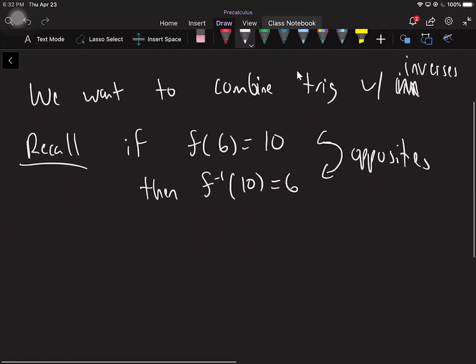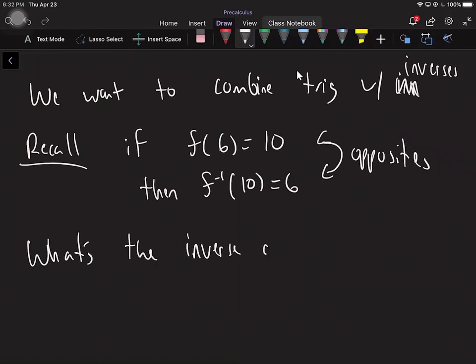So we want to look at inverse trig functions. We want to look at what's the inverse or opposite if your function is like sine of x. And then we'll do cosine and tangent.